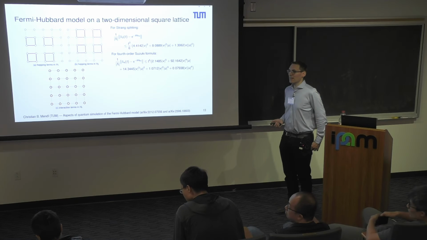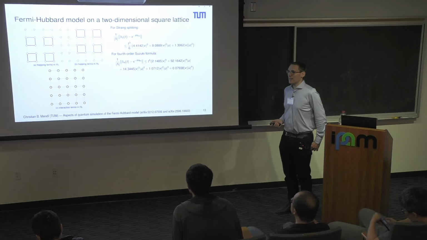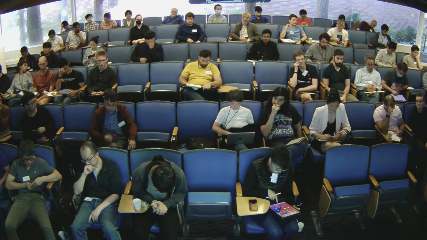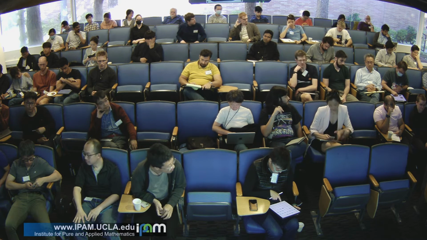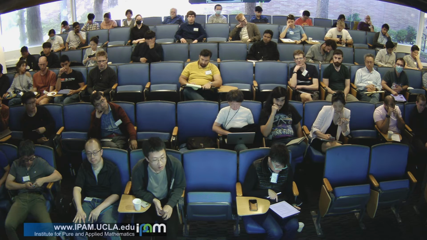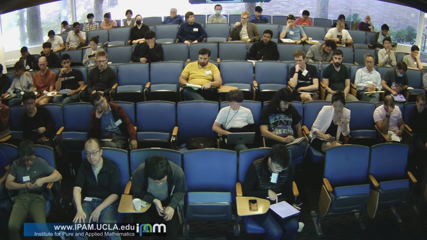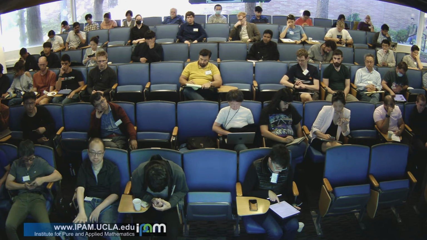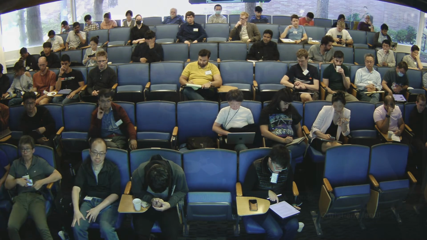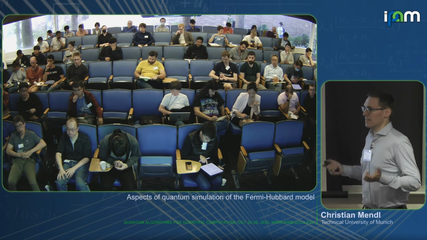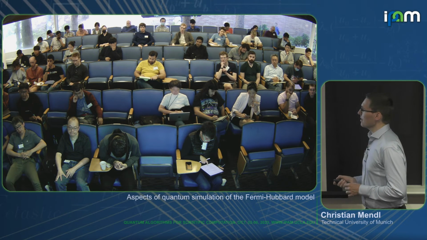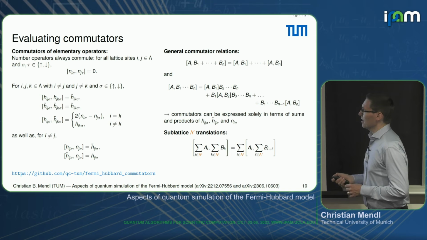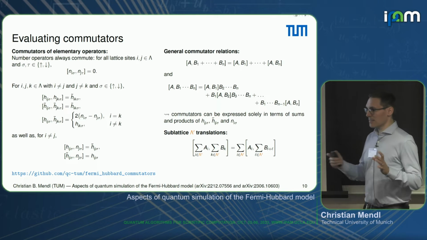If you consider the Bose-Hubbard model instead of the Fermi-Hubbard model, how does the formula change, how does the error change? Well, as I said, this general formula is independent of the particular Hamiltonian. So what you would need to do for Bose-Hubbard is basically redo this exercise of evaluating these commutators.